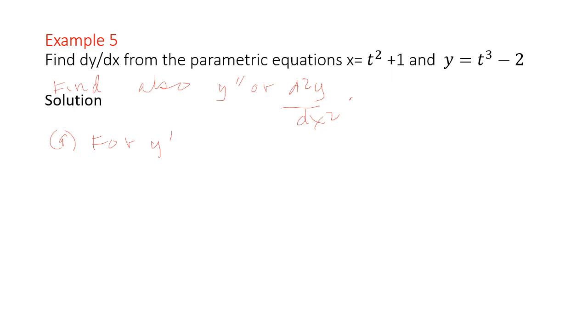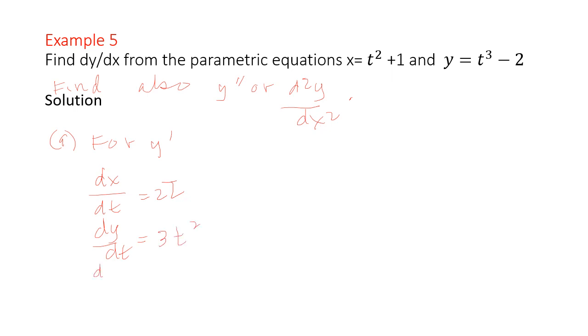So dx over dt equals 2t. So dy over dt equals 3t squared.